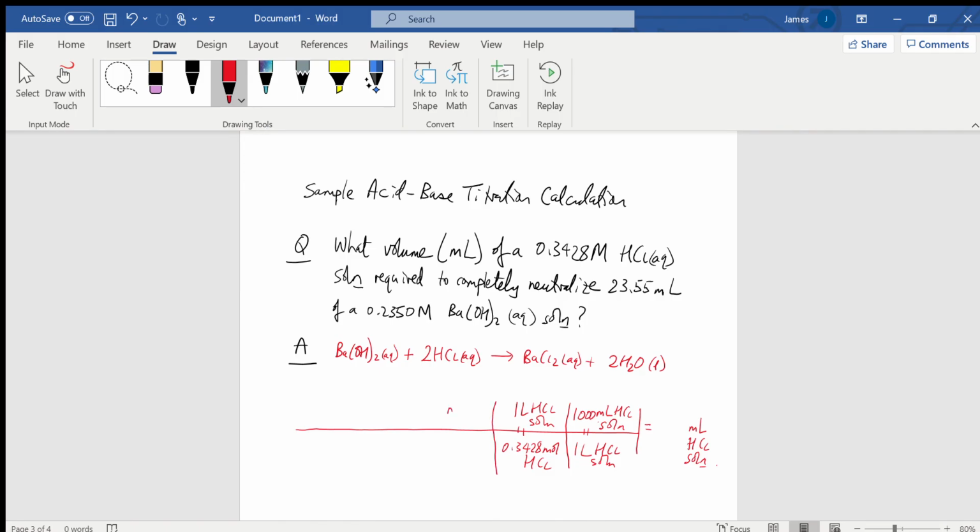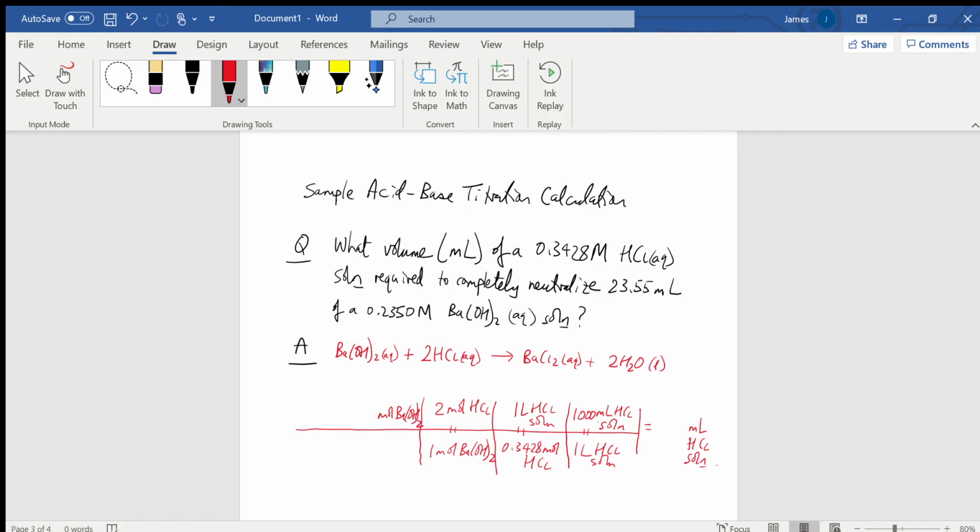So I have my equivalence now. I can now write mole of HCl. I know from the balanced equation that there are 2 moles of HCl equal to 1 mole of barium hydroxide. So I can write mole barium hydroxide.